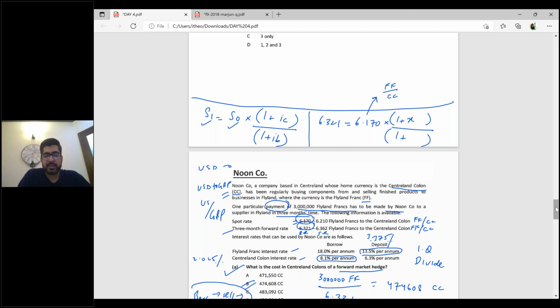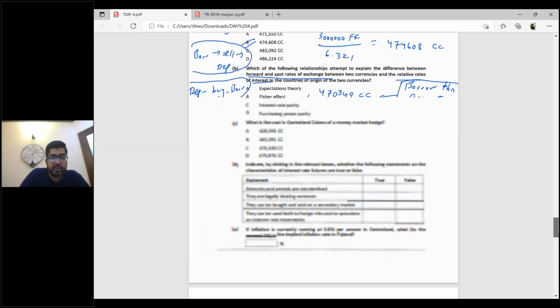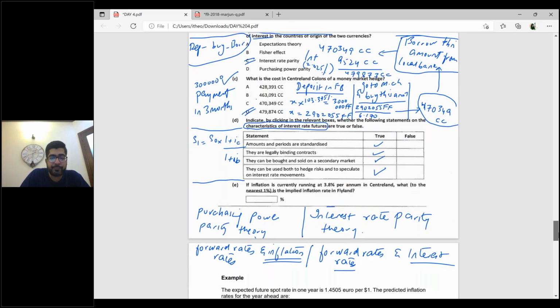So what we are doing here is that we have the forward rate, 6.321, and we have the spot rate. Since the spot rate is FF over CC, the question is which inflation rate will come in the numerator and which in the denominator. Since FF is in the numerator in the currency rate, the rate of FF, to be found as X, comes in the numerator, and in the denominator, the Centerland inflation rate, 3.8% per annum.